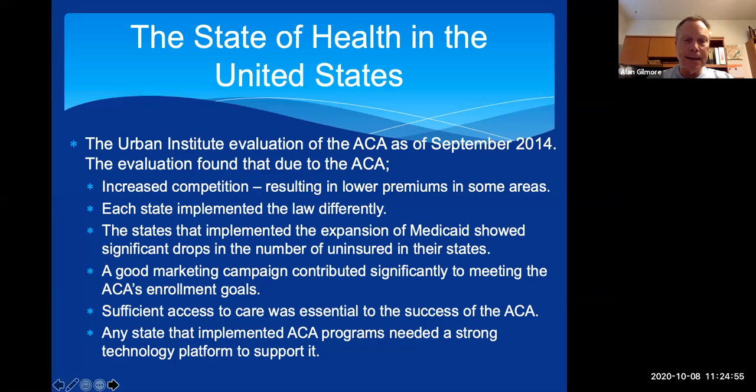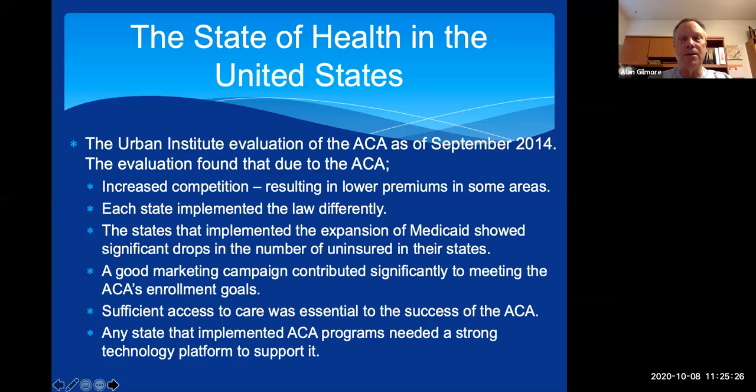And finally, any state that implemented the Affordable Care Act programs needed a strong technological platform to support it. So in other words, there were a number of different states, and if I recall, I believe California was included, that on the very first day that Covered California, which was what we called the Affordable Care Act in California, became available for people to sign up for, the website crashed.